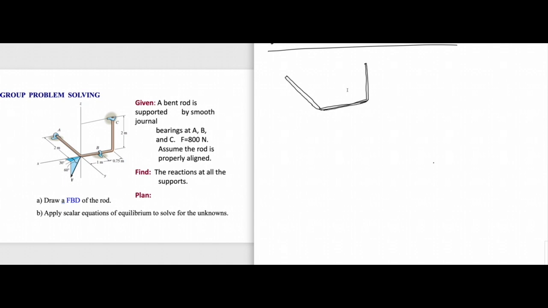So this is the rod. So this is A. At A, if you read the question carefully, it's a smooth journal bearing.